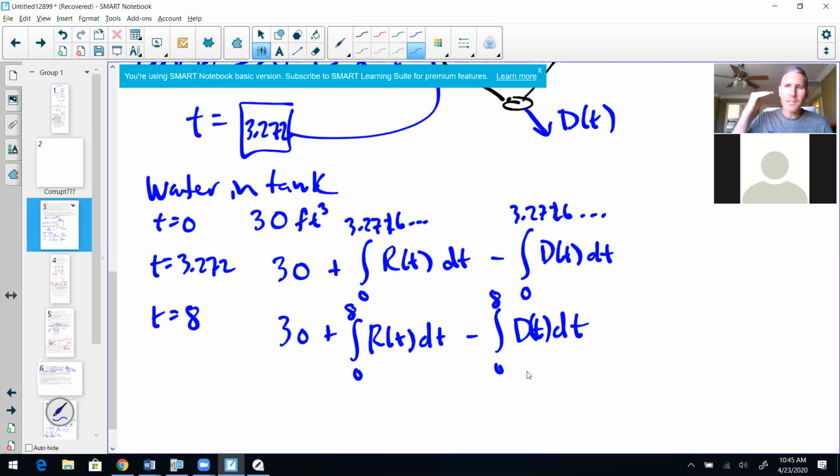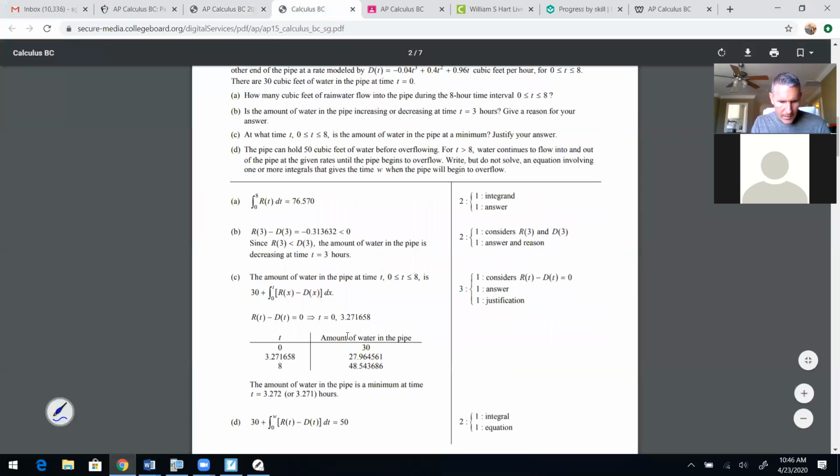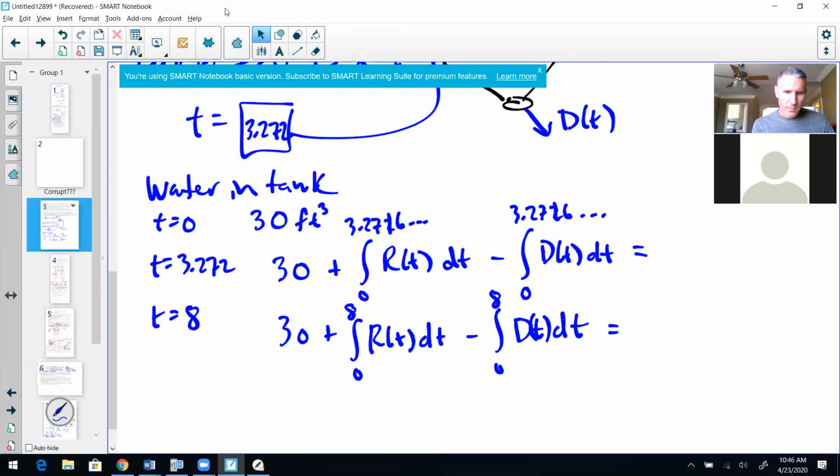So we already know that there was initially 30 cubic feet of water. Once we figure this out and this out, I'm just going to go to the scoring guidelines to get those values. 27.965 is going to be when t is equal to 3.272.